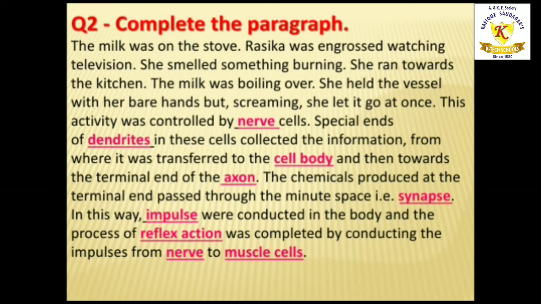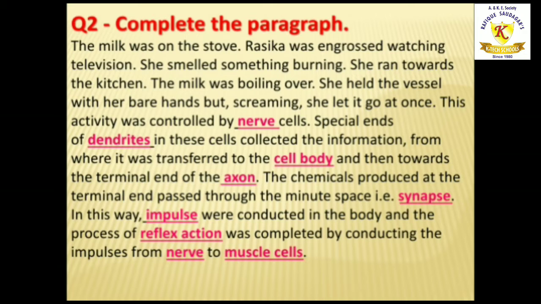Nerve cells. Special ends of dendrites in these cells collected the information, from where it was transferred to the cell body and then towards the terminal end of the axon. The chemical produced at the terminal end passed through the minute spaces, that is synapses.